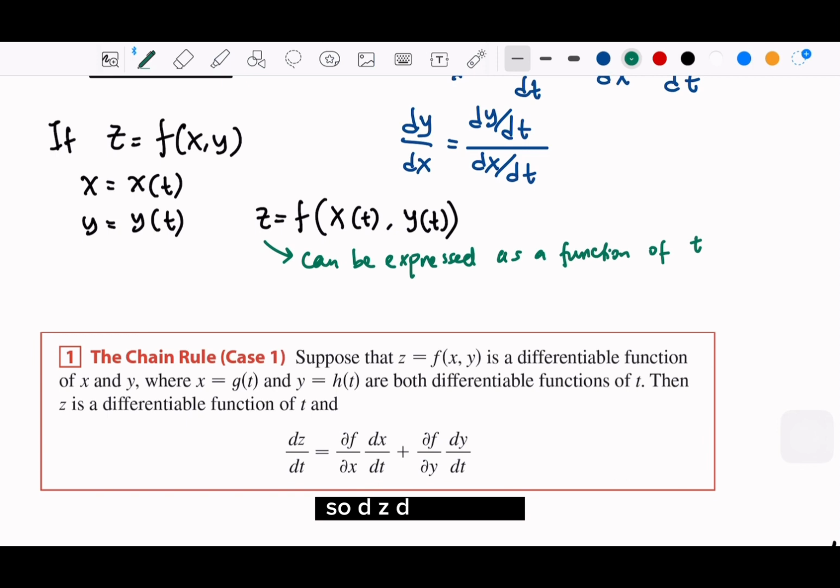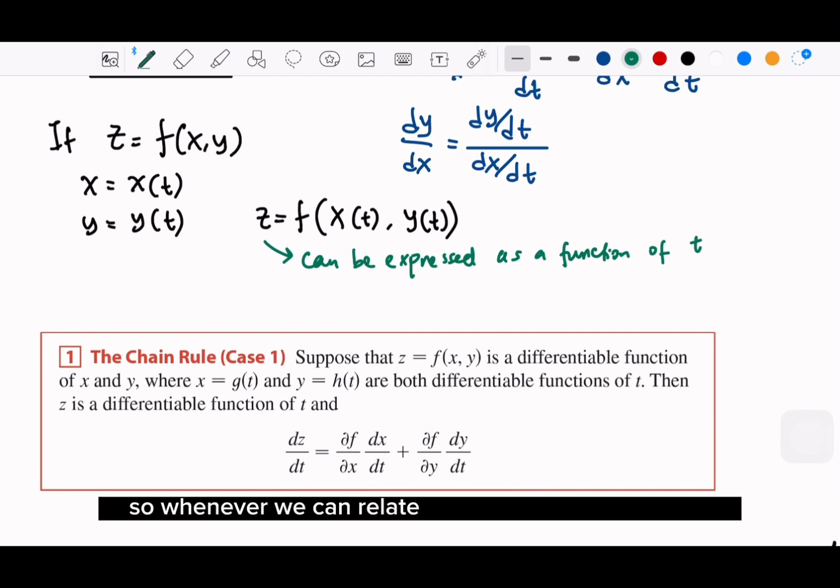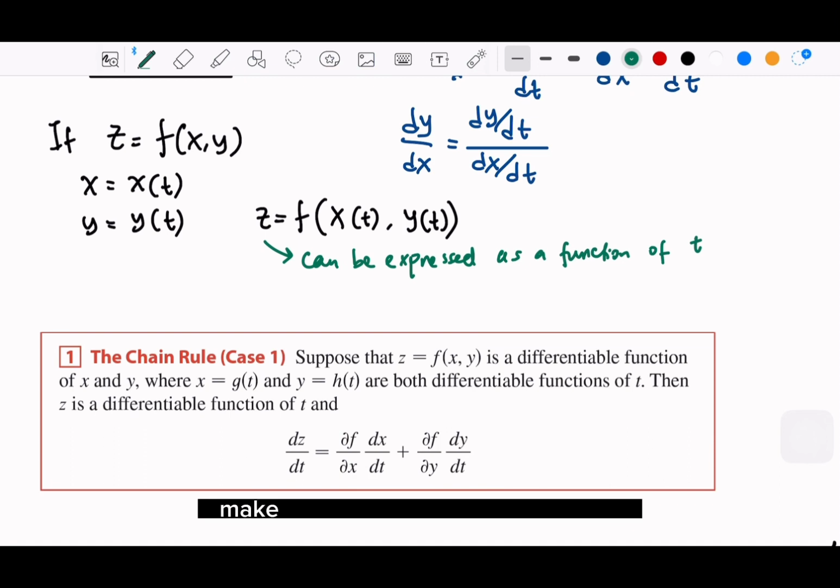So dz/dt is equal to partial f partial x times dx/dt, and then partial f partial y times dy/dt. So whenever z is related to x and y, and x and y are related to the parameter t, then we can make out the chain rule from it.